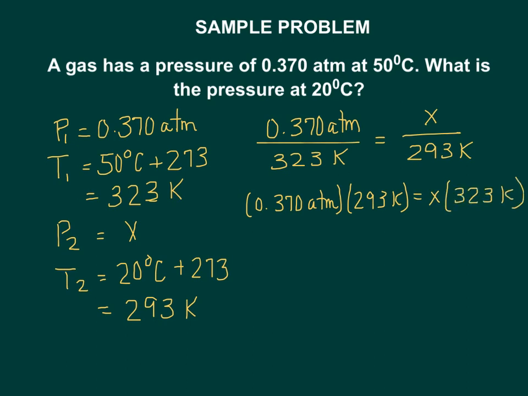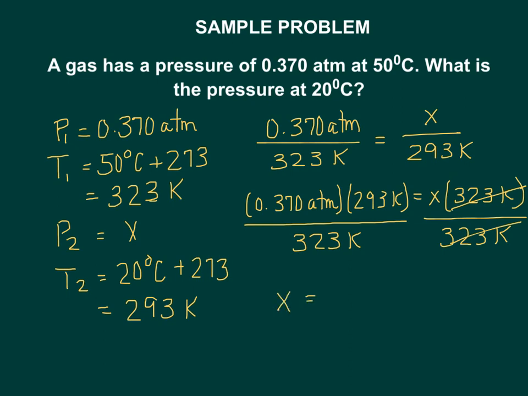To get X by itself, we need to divide both sides of the equation by 323 Kelvin. This allows us to cancel out 323 on the side with X. X equals 0.370 times 293 divided by 323, or 0.335 atmospheres.